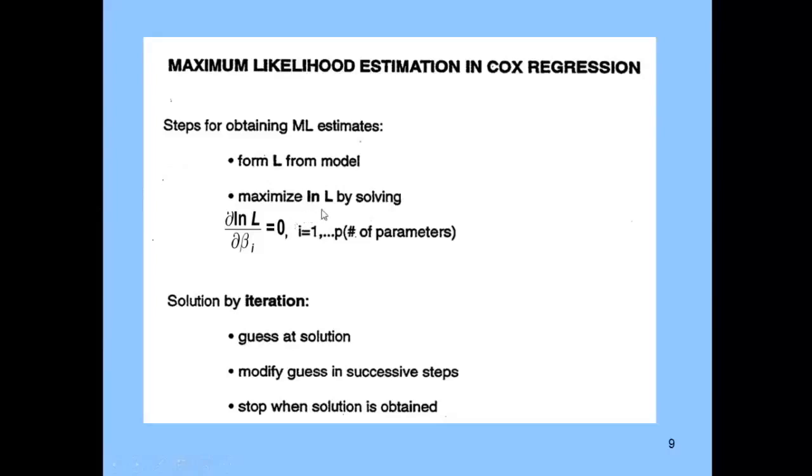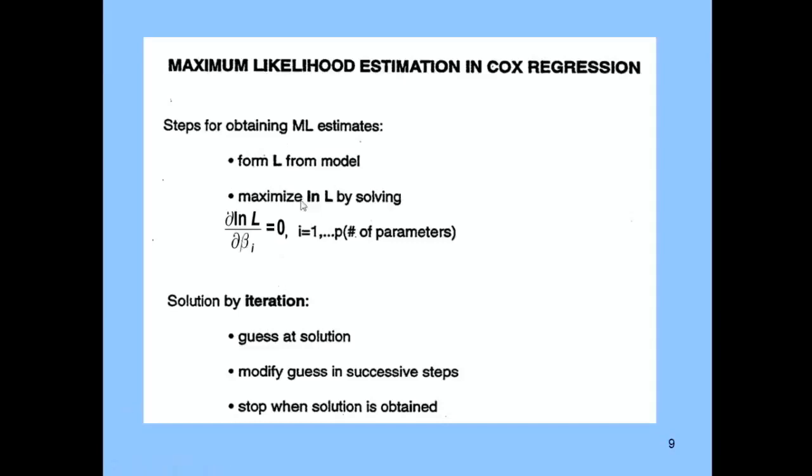The reason is that the likelihood formula is a product of a bunch of things, and the log of a product is the sum of logs. When you maximize something, you're talking about calculus, taking a derivative and setting it equal to 0. It's much easier to take the derivative of a sum as opposed to the derivative of a product.